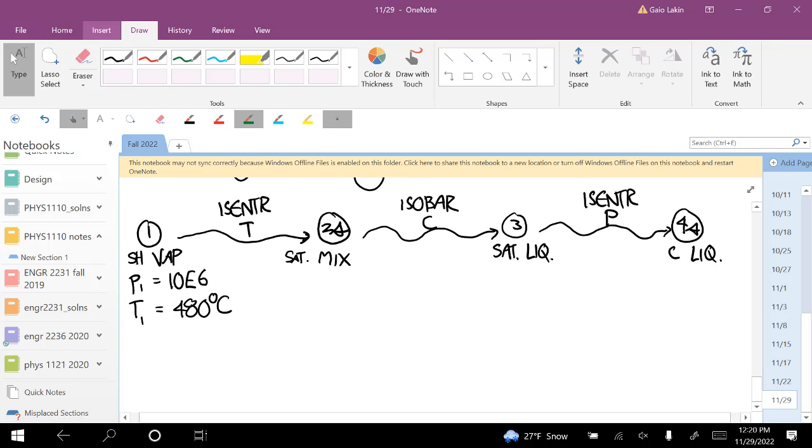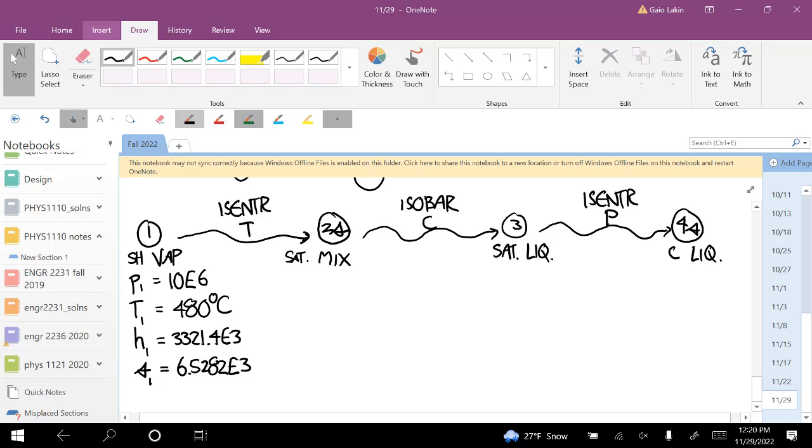So let's right away look up the enthalpy at that state, and you get 3321.4 times 10 to the 3rd. And let's also look up the entropy at that state, and that is 6.5282 times 10 to the 3rd.